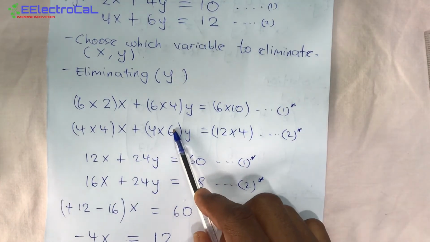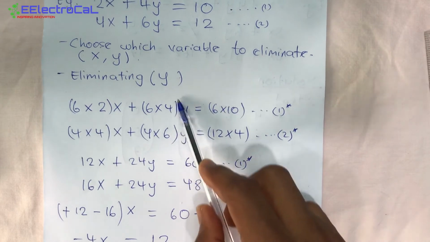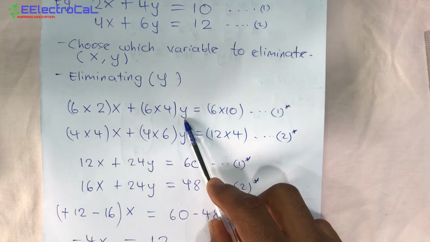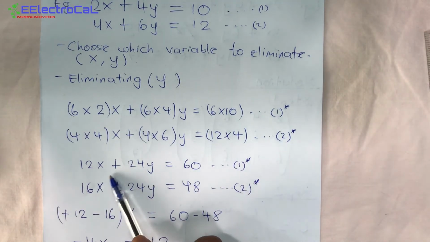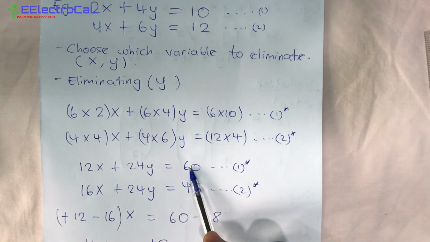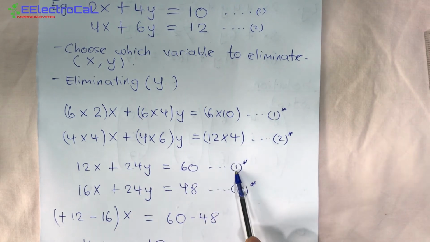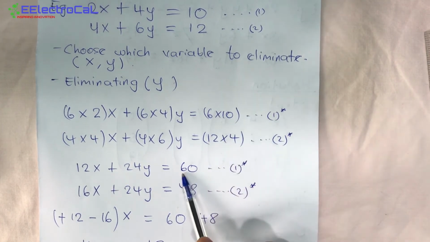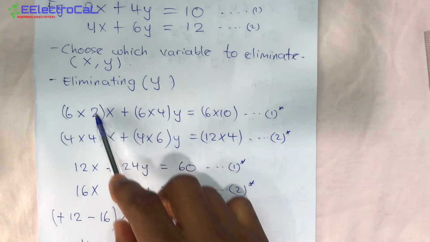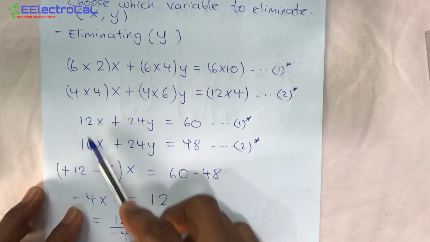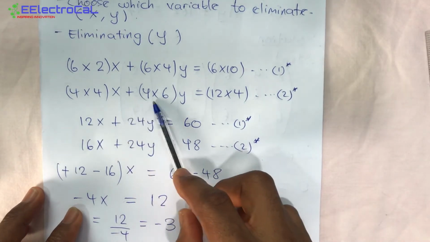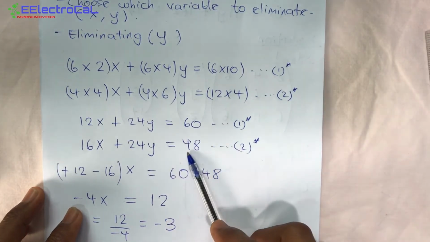Now we have the same value for the coefficient of y. Evaluating, we get 12x plus 24y equals 60 for equation 1 asterisk, and 16x plus 24y equals 48 for equation 2 asterisk.